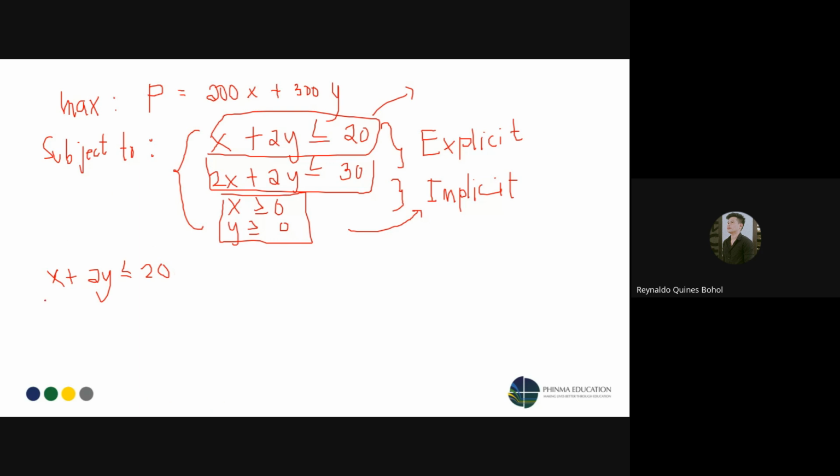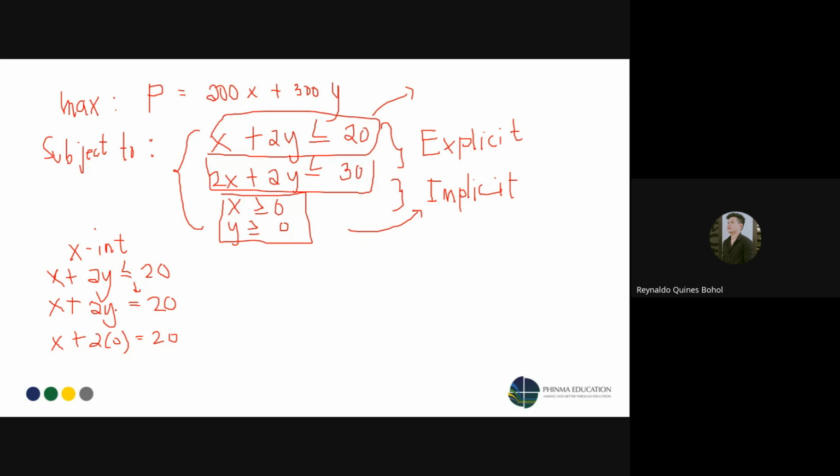And then, since we're looking for the value of x and y intercept, always remember that in getting the x and y intercept, we must express our equation first in equal sign, just like this. Okay? Then, since we're looking for the x-intercept, we're going to let y is equal to 0. This is x-intercept.